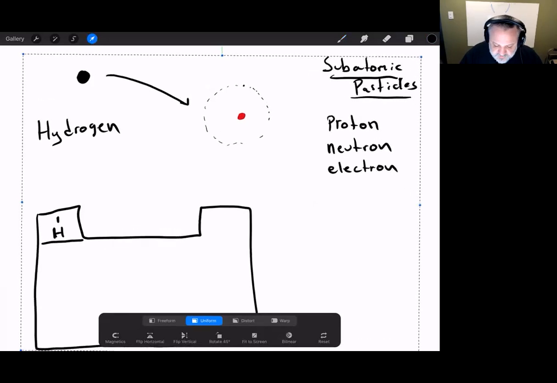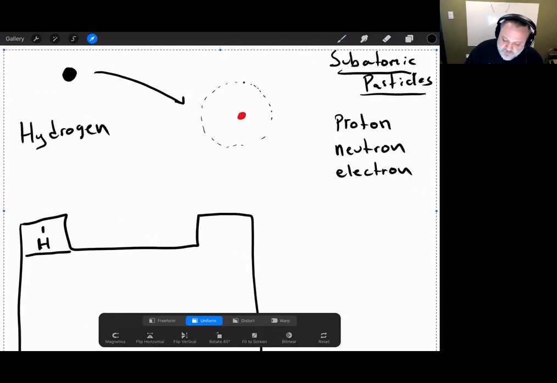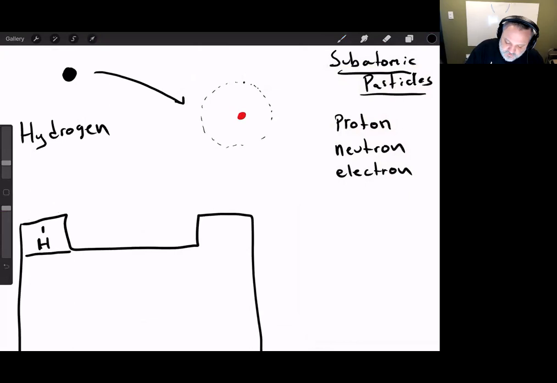If we look inside the hydrogen atom, what we find is 1 proton and a tiny little electron outside. At this point in the game, since this is introductory chemistry, I'm going to model the electron sort of in an orbit.